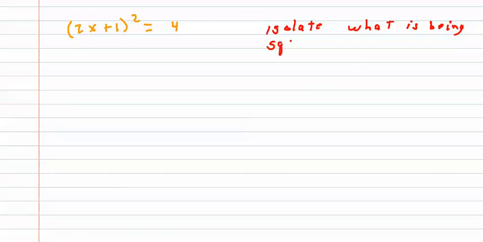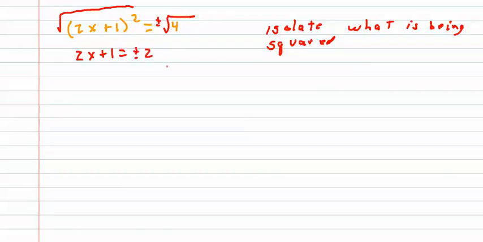And the thing being squared is this right here. And so we square root both sides, plus minus, and right there. Now the square root of this is nothing more than 2x plus 1. The square root of 4 is plus or minus 2.